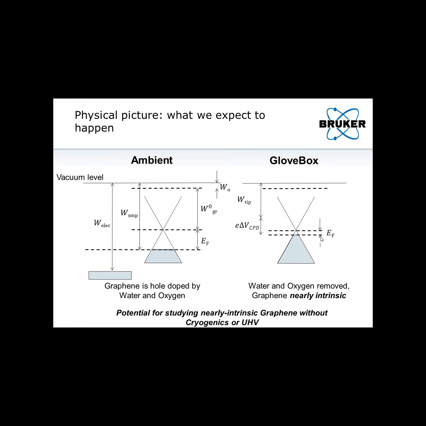You should expect the Fermi energy to go towards the Dirac point, go towards 0, and you should expect the measured work function to decrease. So if water and oxygen dominate, then potentially by simply using a GloveBox, you have a method for studying nearly intrinsic graphene without any cryogenics or UHV.